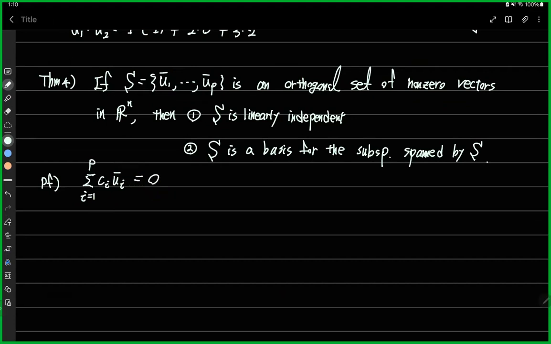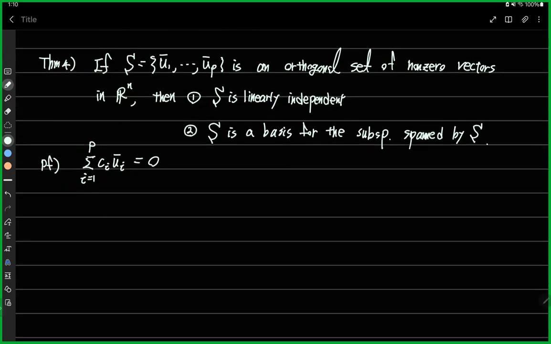This is an equation involving a linear combination of the ui. We need to show that it has only the solution ci equals 0, right?